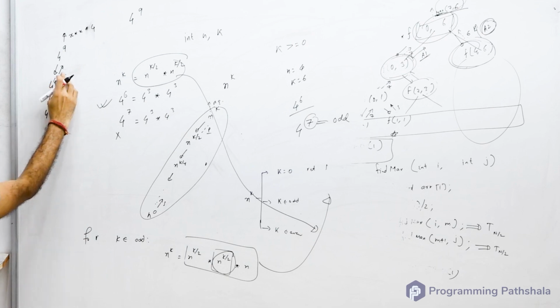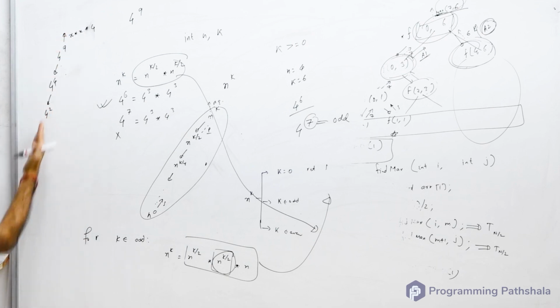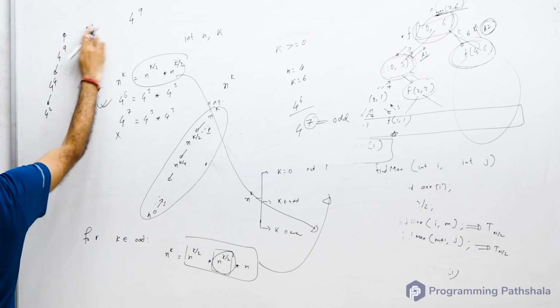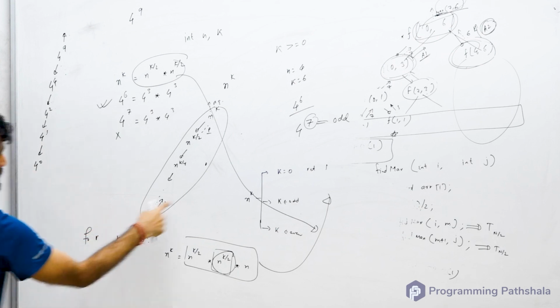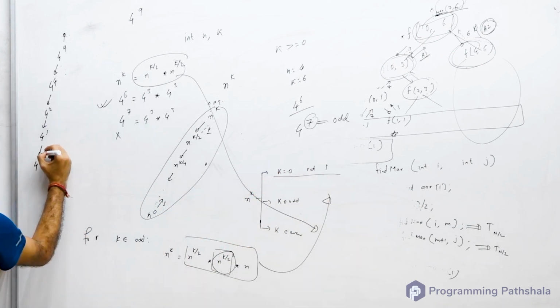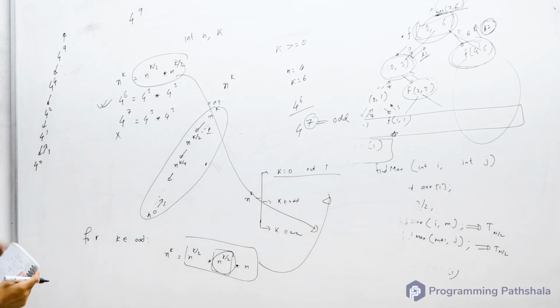Now again, let me go down first because returning happens from the bottom. This will call 4 raised to power 1 and this will call 4 raised to power 0. 4 raised to power 0 is the termination condition, so it will simply return 1 no matter who the parent is. Now what is this thing supposed to return?